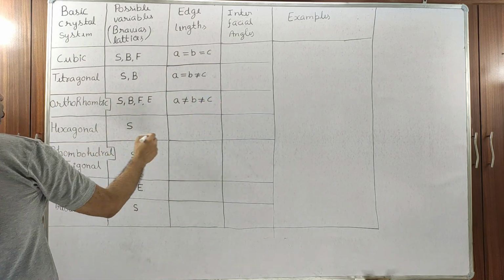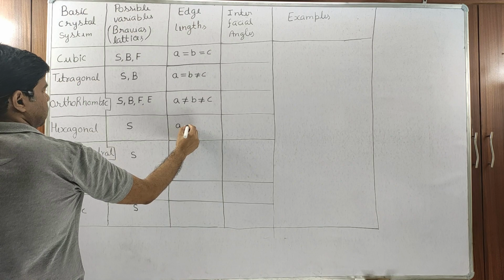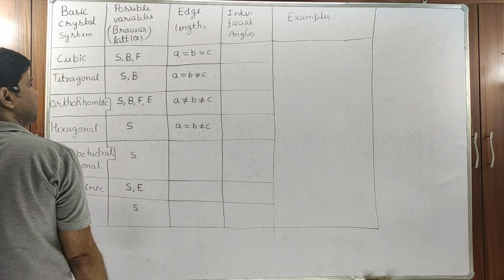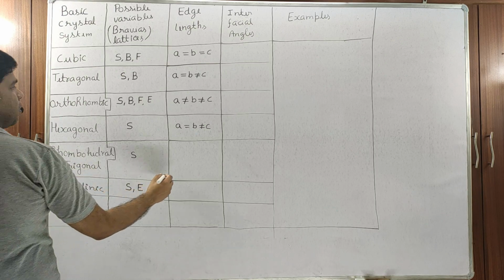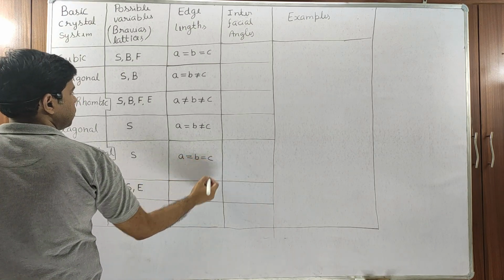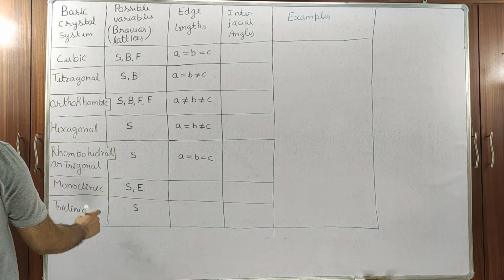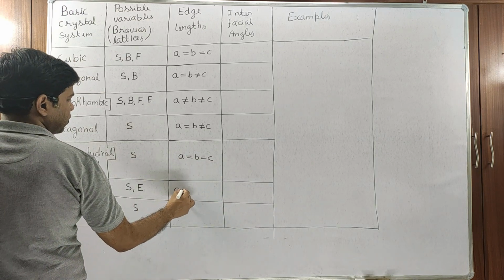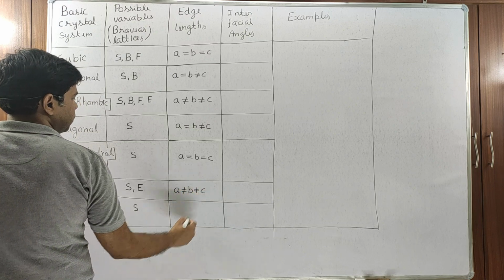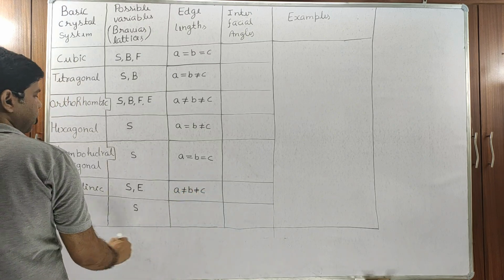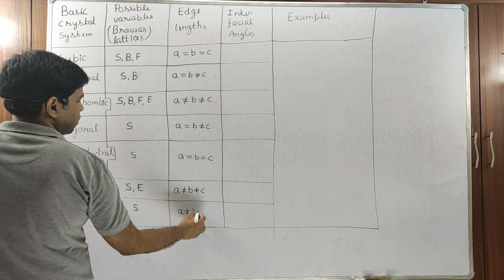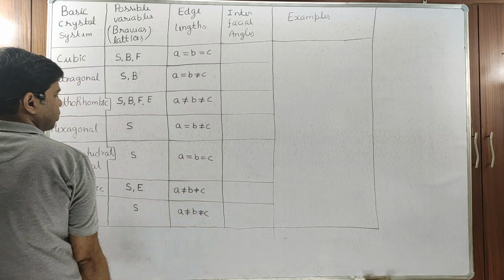In the hexagonal, a is not equal to b, not equal to c. In the rhombohedral, a is equal to b is equal to c. In the monoclinic, a is not equal to b, not equal to c. Triclinic, a is not equal to b, not equal to c.